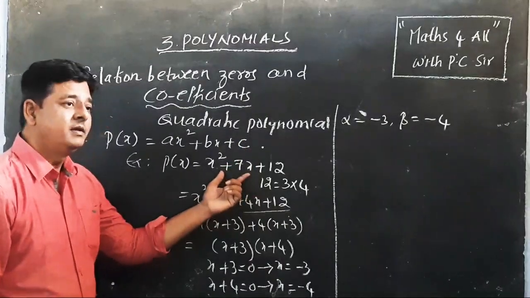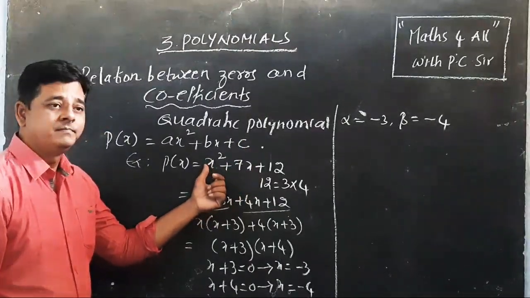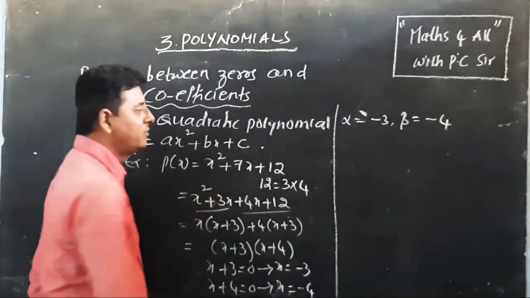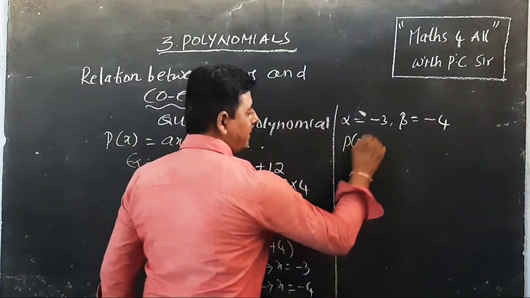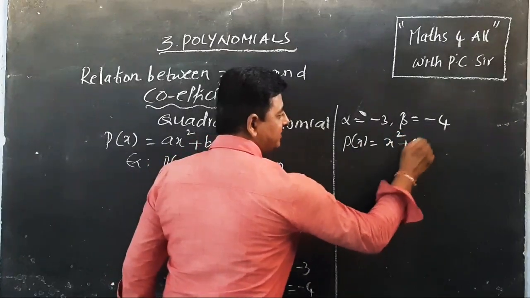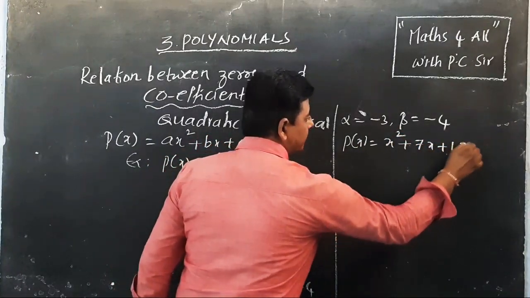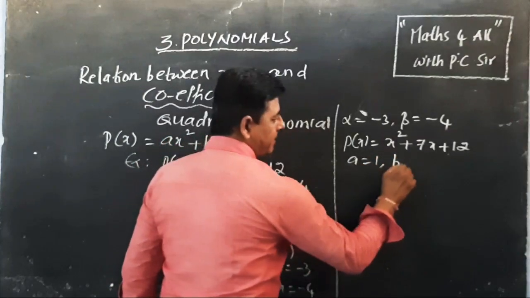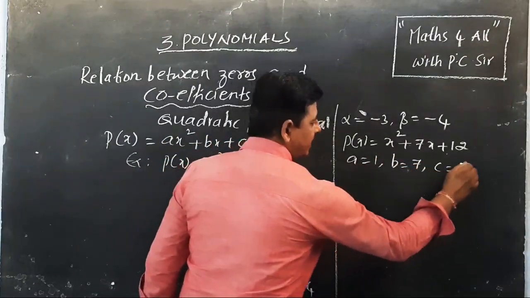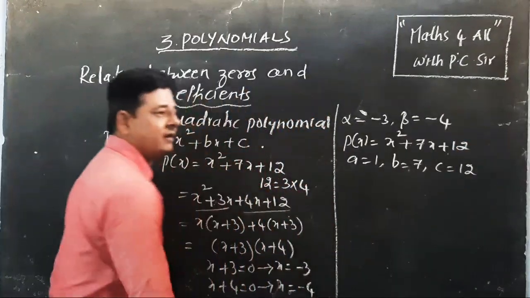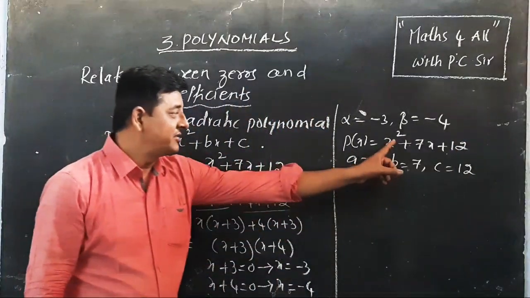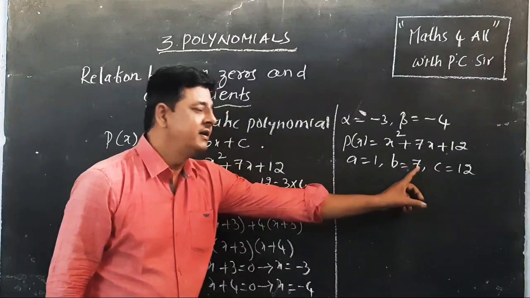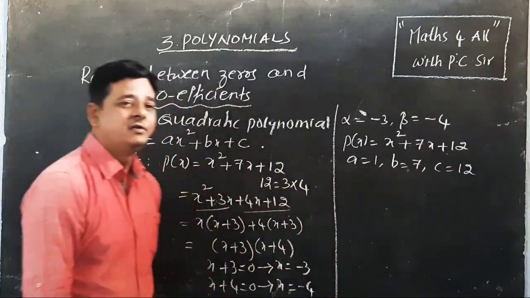In this example, nothing is written with x square, so it is 1 into x square, so a equal to 1. Writing the polynomial x square plus 7x plus 12, we have a equal to 1, b equal to 7 and c equal to 12.